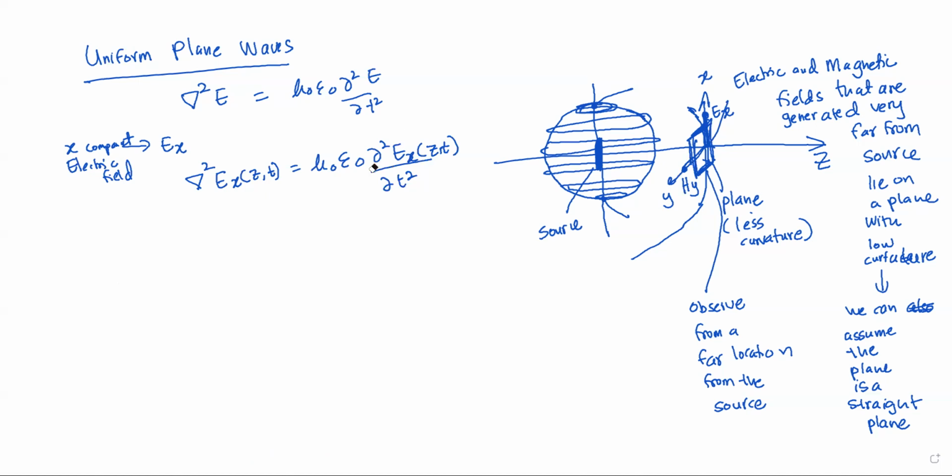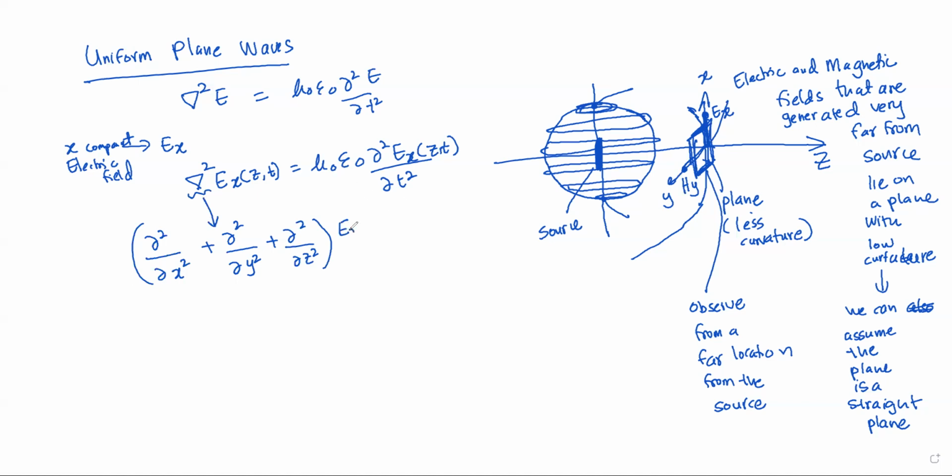Once I have this equation, I need to find the solution to this equation, right? In order to find the solution, I can expand this equation by expanding the Laplacian operation. The Laplacian operation is this, and we can denote this Laplacian operation by this expression.